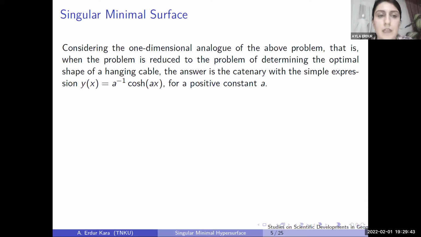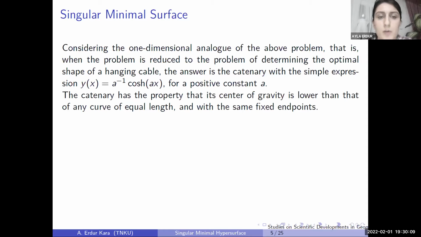Consider the one-dimensional analog of the above problem, that is, when the problem is reduced to determining the optimal shape of a hanging cable. The answer is the catenary, with the simple expression y = a cosh(x/a) for a positive constant a.